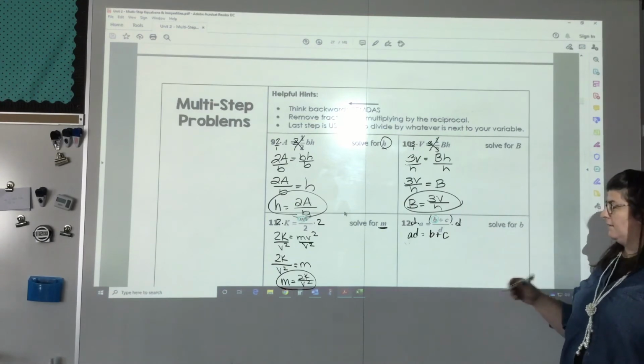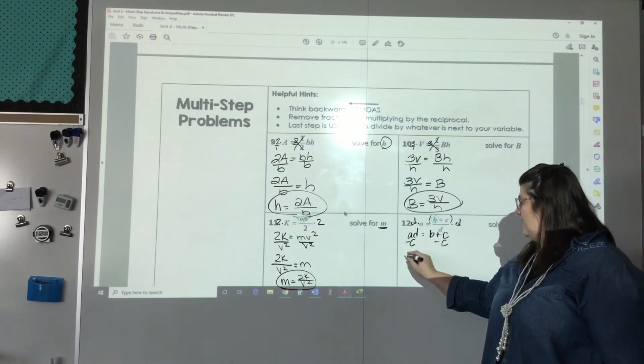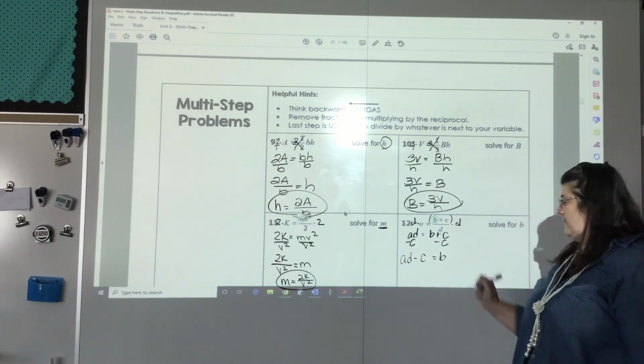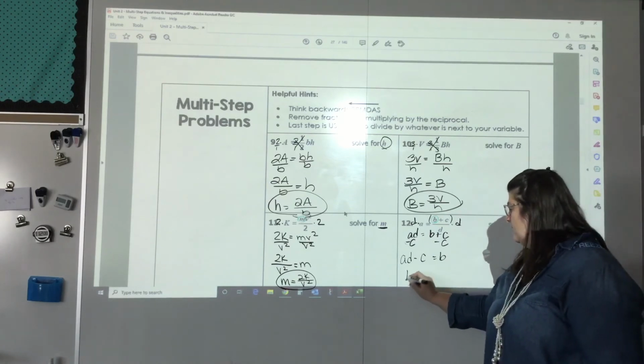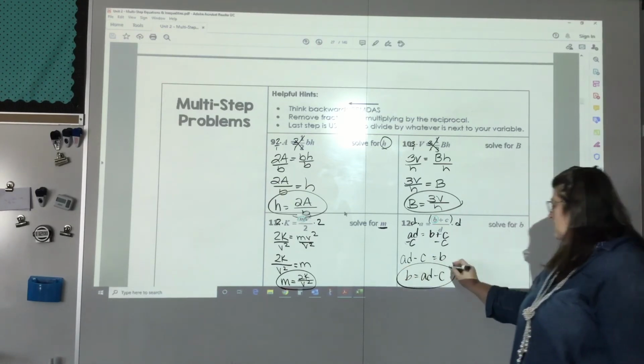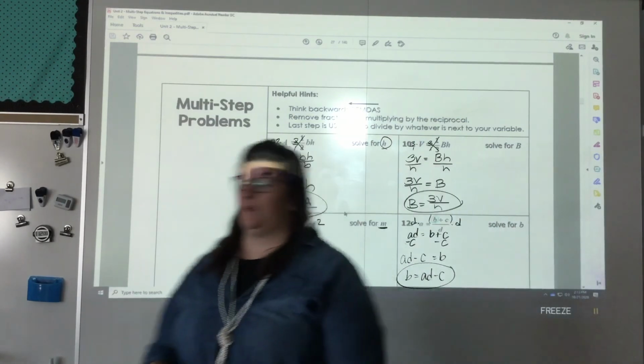Solving for b, I'm going to subtract c. So I've got ad minus c equals b. Rewriting it, ad minus c. I always like to get in the habit of having that variable that we're solving for on the left.